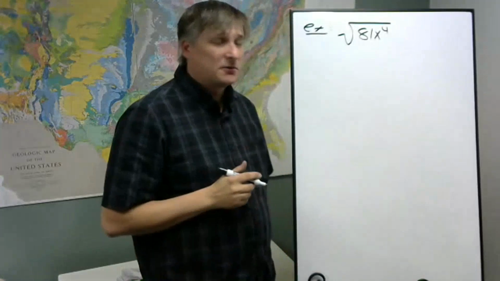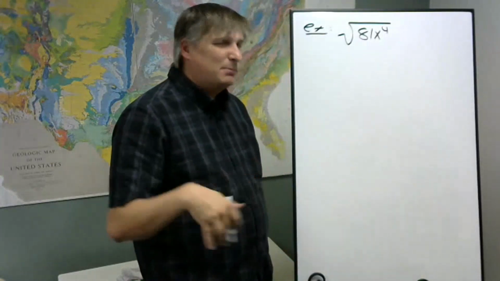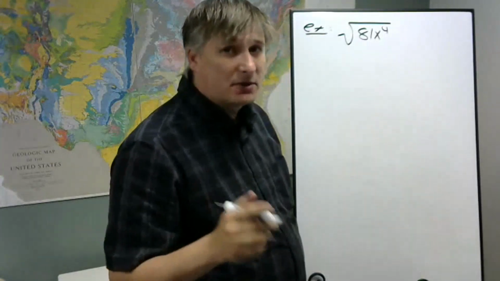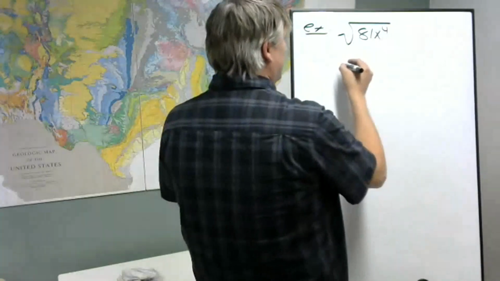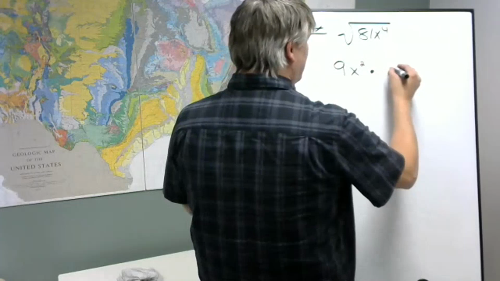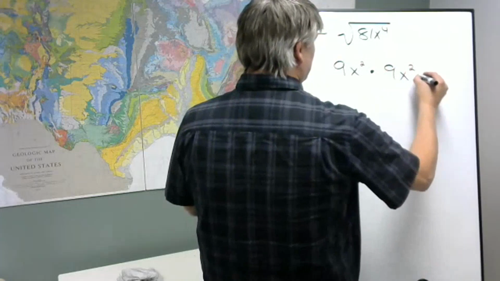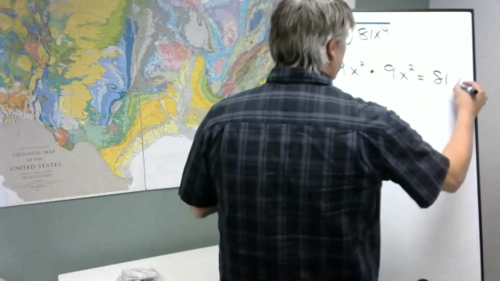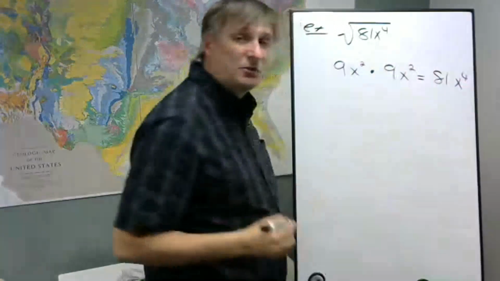Now, what do we do with this? We might play with some algebra here, and we can make this observation that if you took 9x squared times itself, you would get 81x to the 4th.